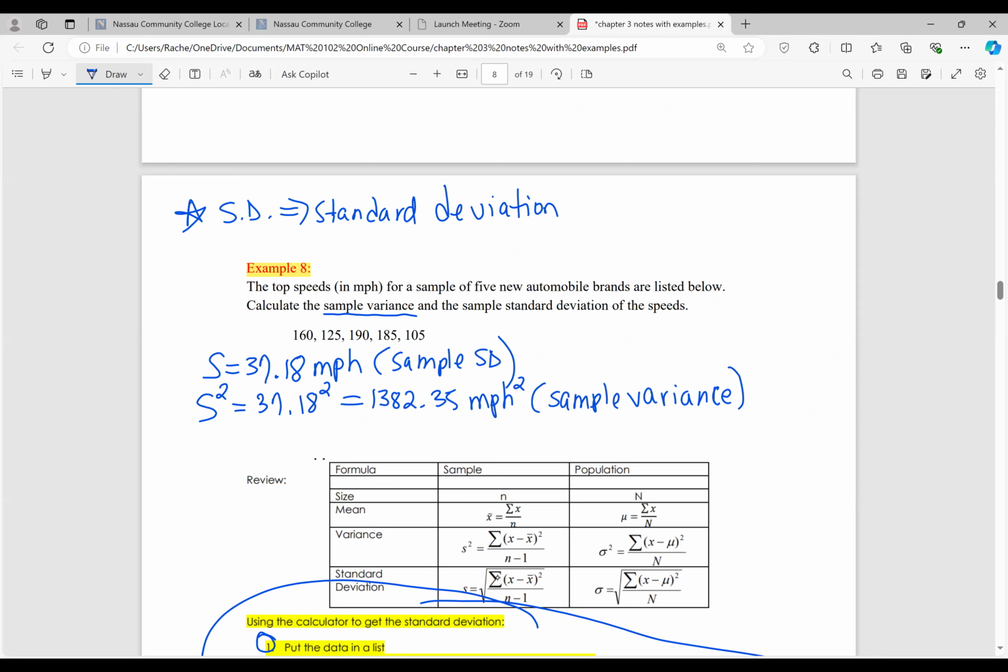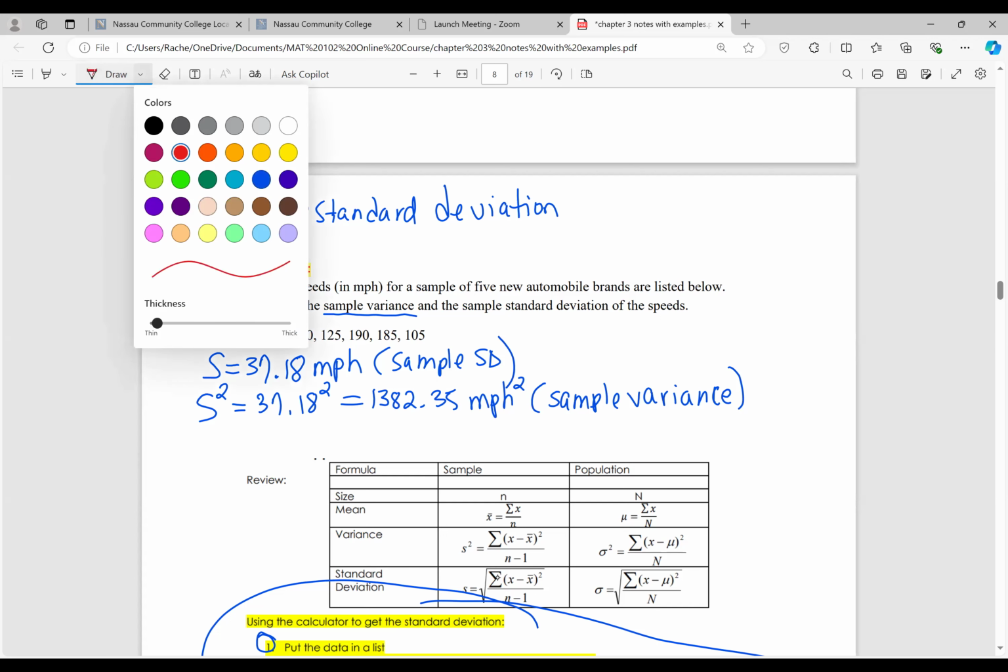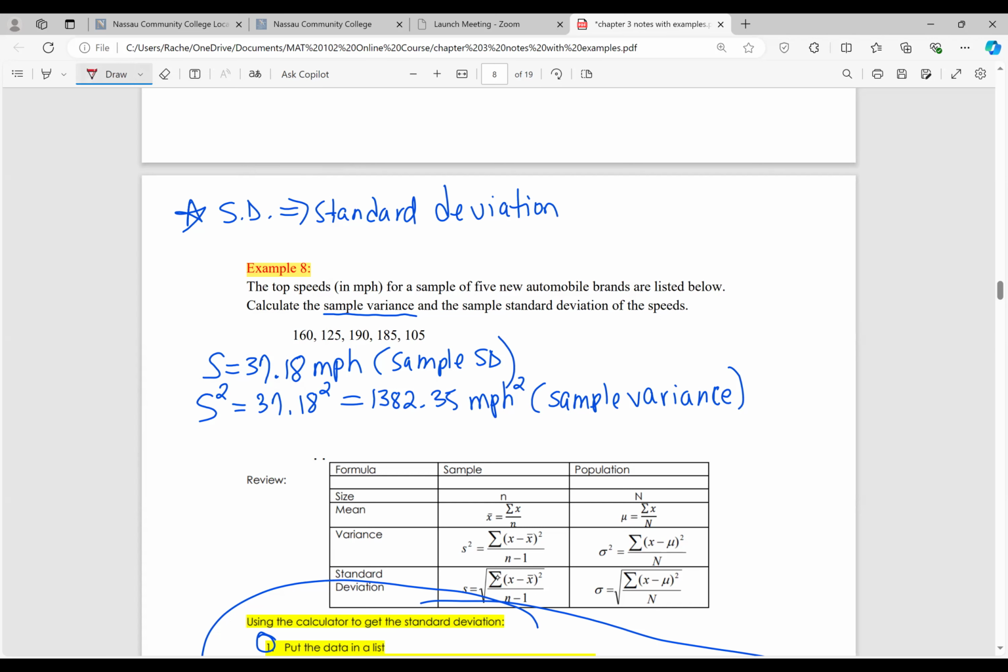And even though I didn't ask you to do this, I want to interpret. So again, let's interpret the standard deviation. What we could say is that the speeds vary, right?